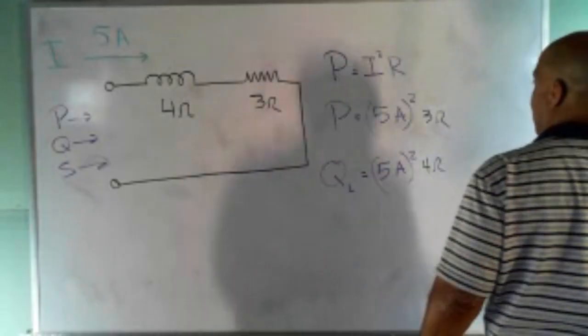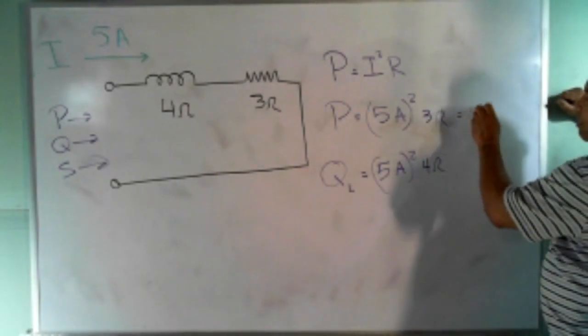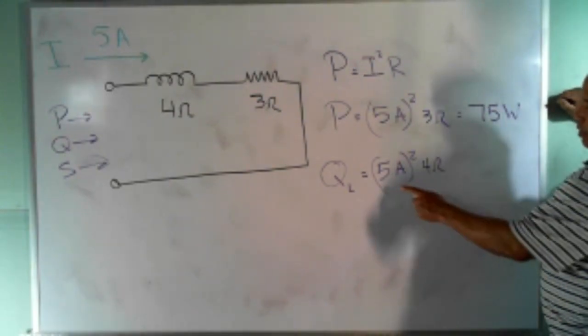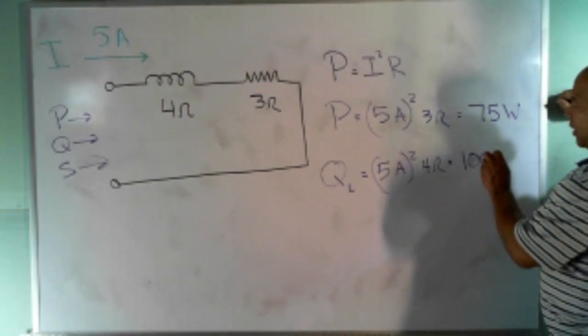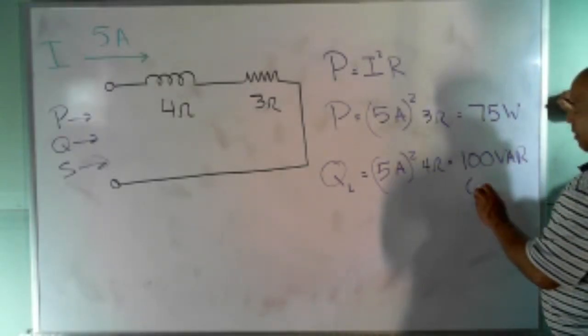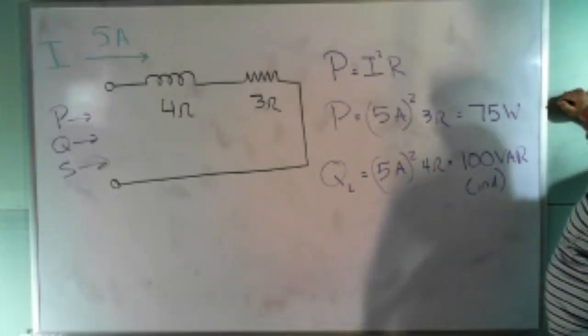All right, so we do that one. 25 times 3, we got 75 watts. 25 times 4, we got 100 VAR inductive.